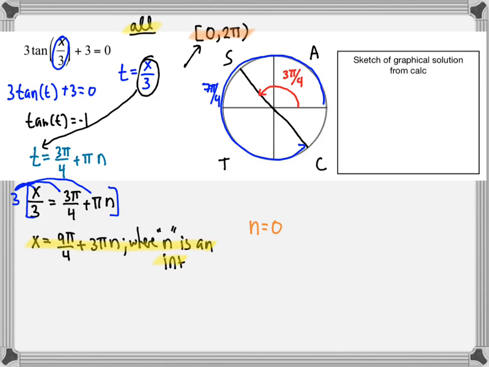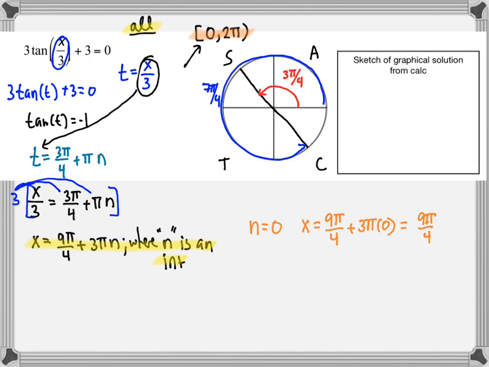If I test n equals 0 in my equation that reveals all the solutions, I get 9 pi over 4, which is too big, because that is 2 and 1/4 pi.